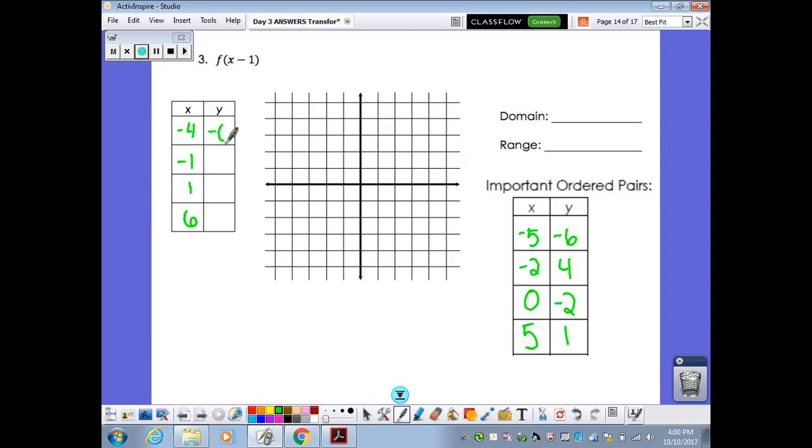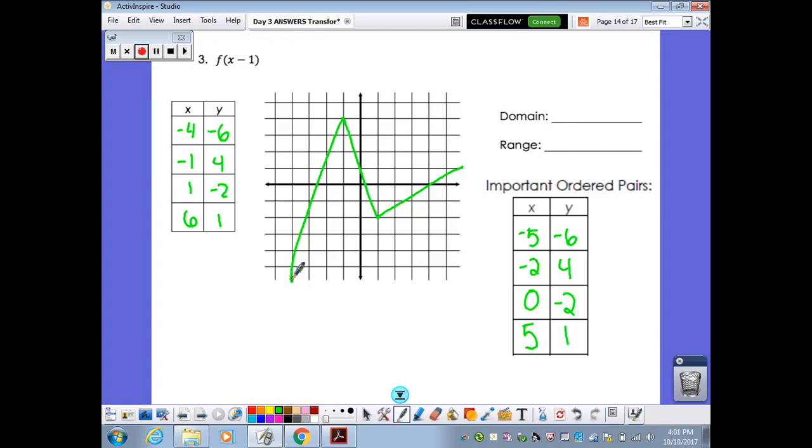And our y's stay the same. So now our new points to graph are negative 4, negative 6, negative 1, 4, 1, negative 2, and 6, 1. And this is our new function.